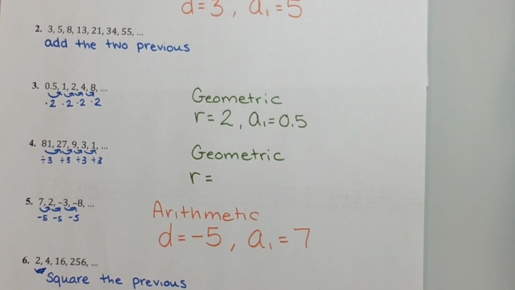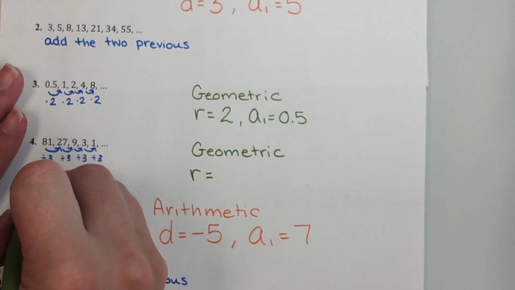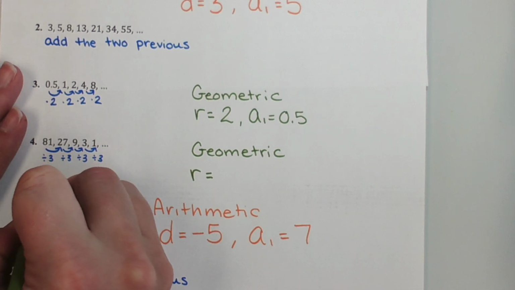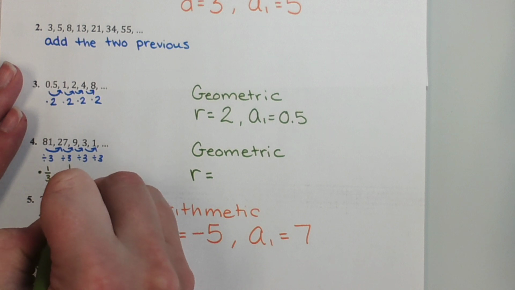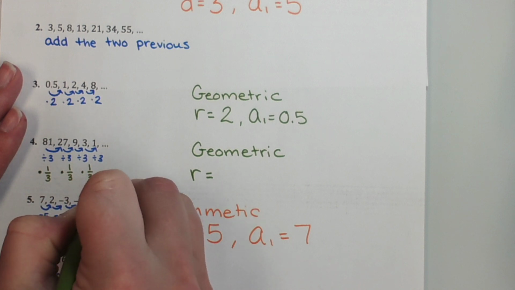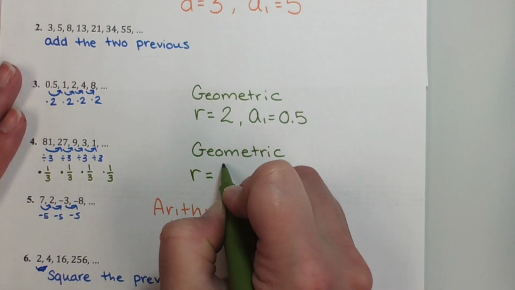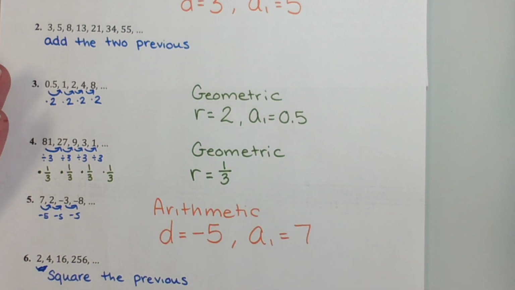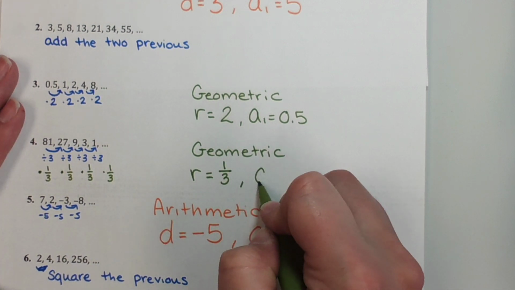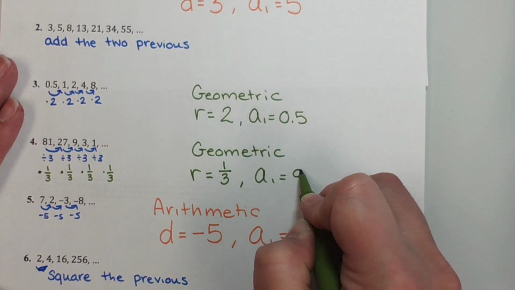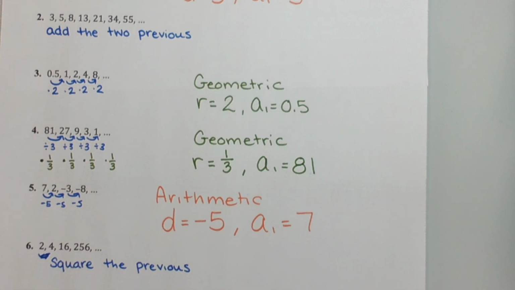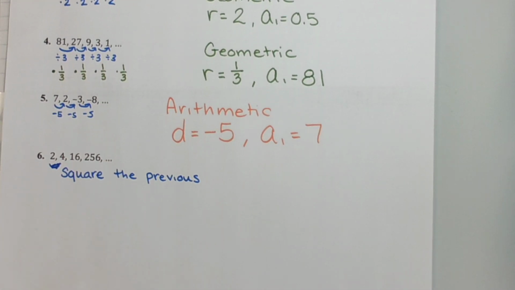To divide by something is to multiply by its reciprocal. The reciprocal of 3 is 1/3. And by definition, r is what you multiply by. A sub 1, 81. Is 6 geometric? No.